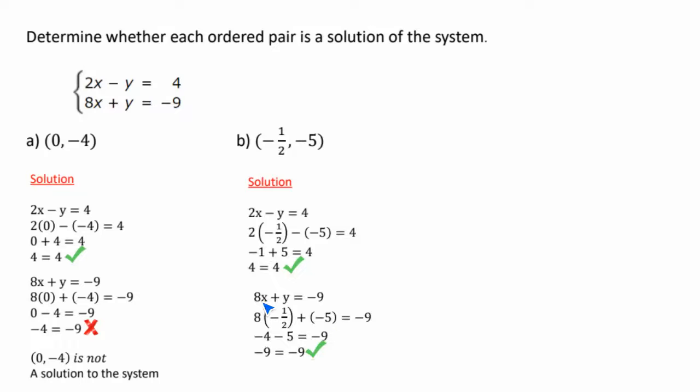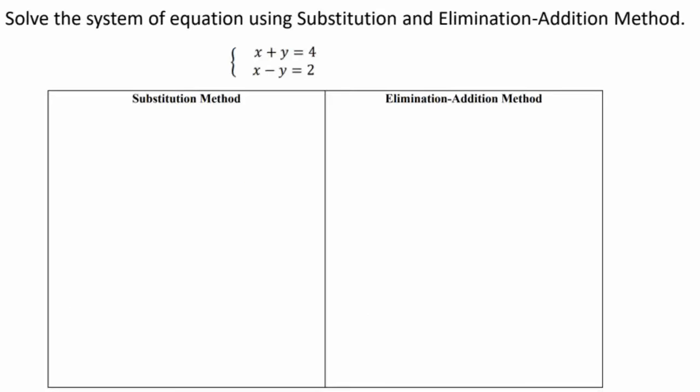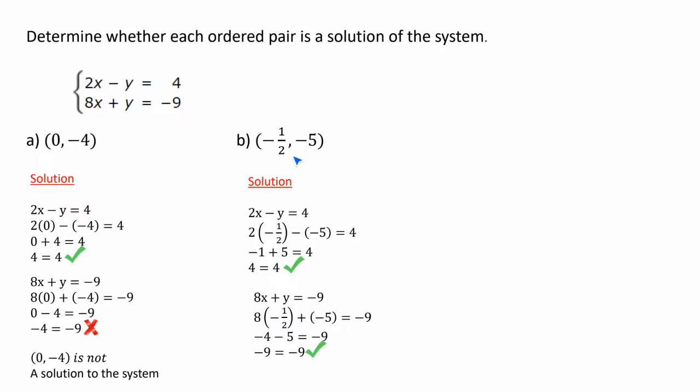For the second equation, if I let x equal -1/2 and y equal -5, we simplify and get -4 minus 5 equals -9. So this is also a true statement. Since they're both true statements, we can say that the point (-1/2, -5) is a solution to this system.